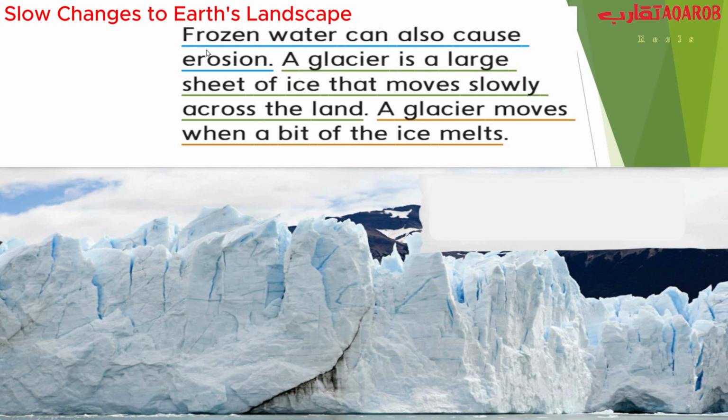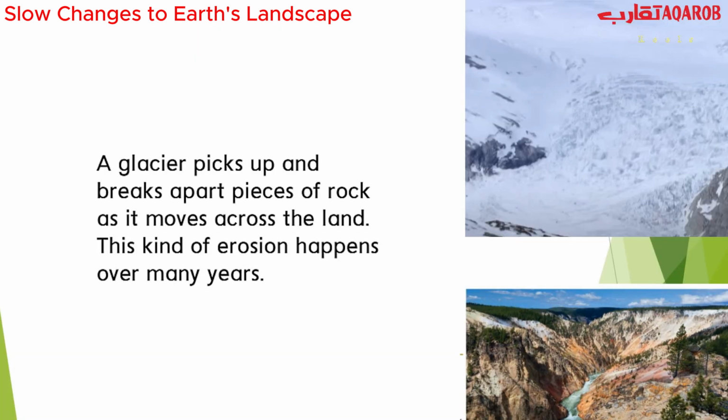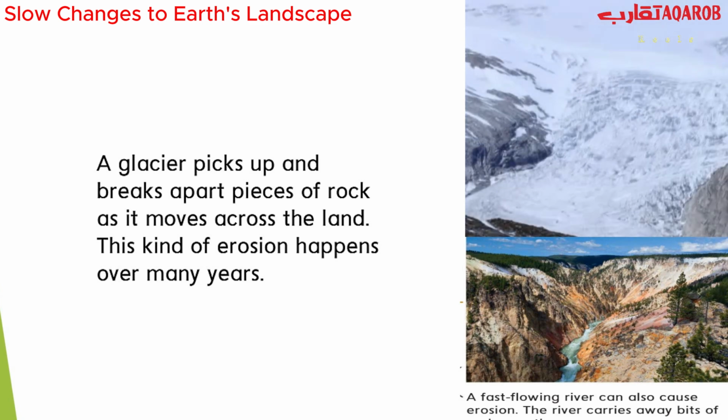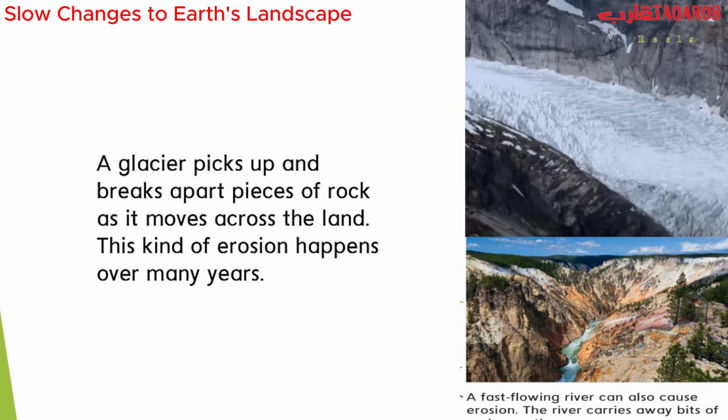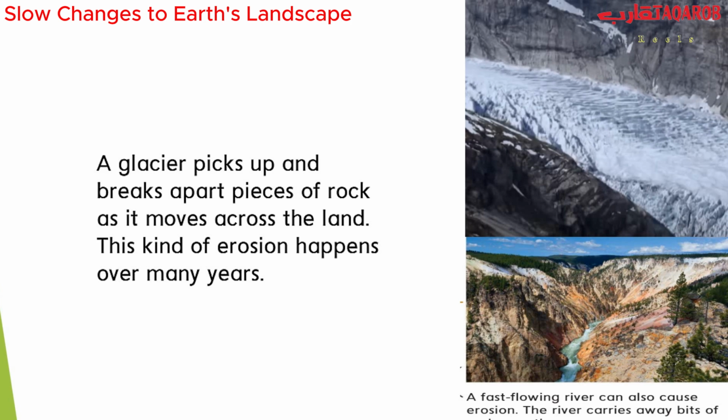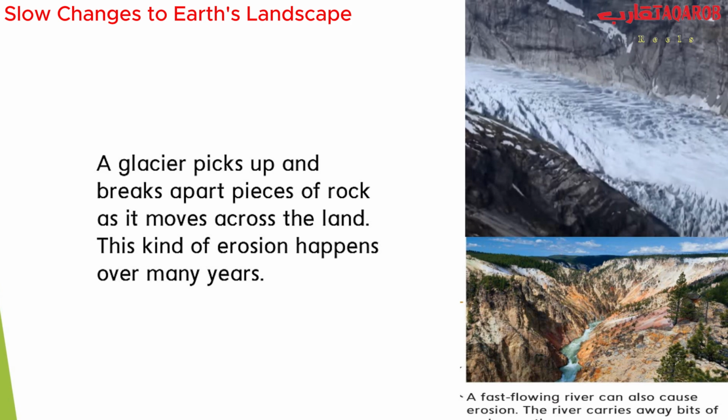Now, do you know that frozen water can also cause erosion? A glacier moves when a bit of the ice melts. Now, grade 2, a glacier picks up and breaks apart pieces of rock as it moves across the land.